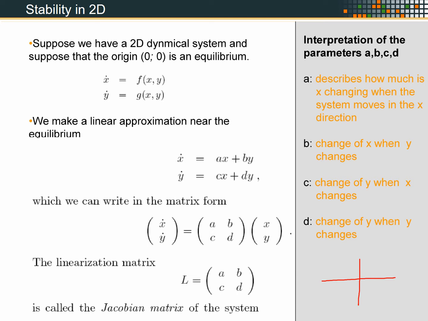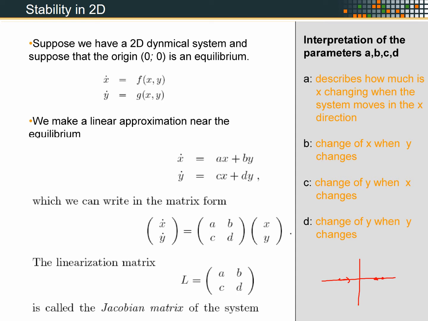So we wanted to know whether, for example, if we start here, the system would push to the left-hand side, and if we start here, the system pushes to the right-hand side. If that is the case, then we know that on this axis the system has an attractive direction, and the same on the y-axis as well.